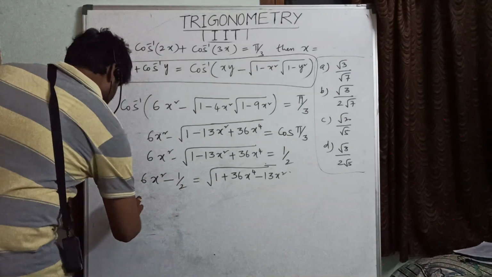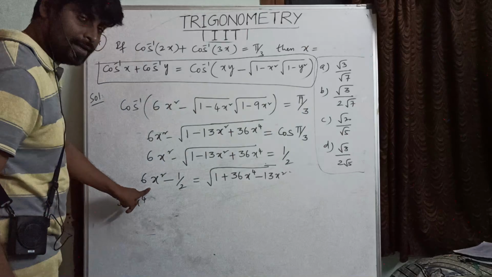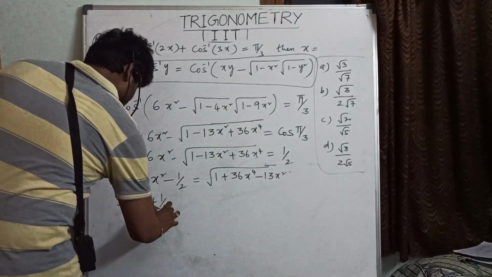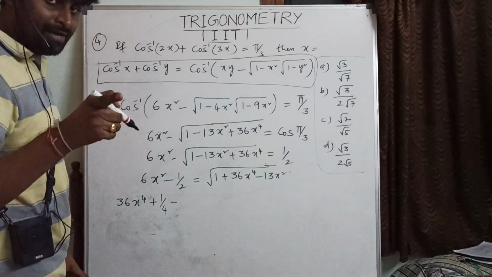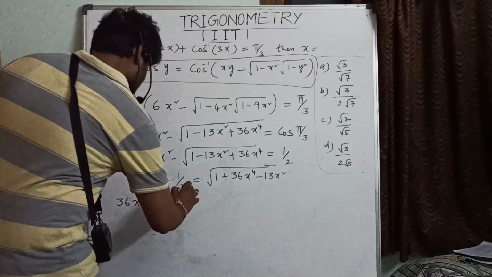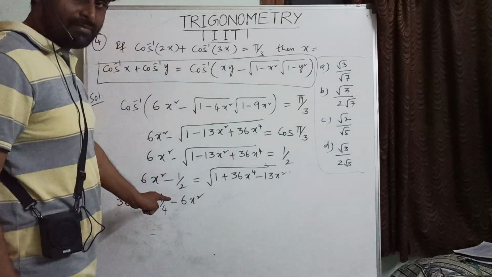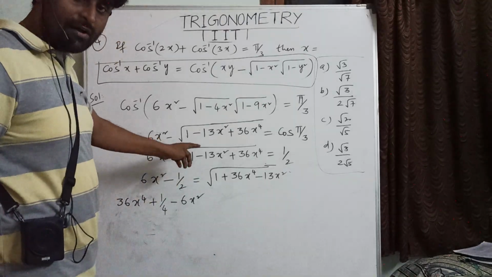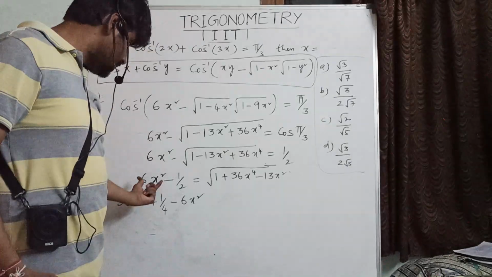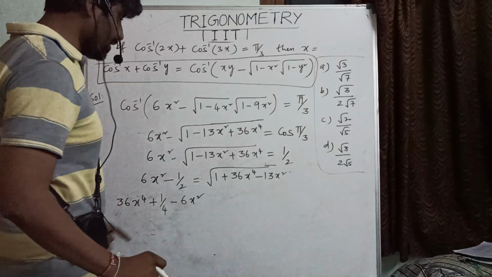A square, 36x power 4. B square, 1 by 2 square, 1 by 4. Minus 2ab, 2 into this 2 cancels, so minus 6x square. Hope you can understand. I am writing a minus b whole square after squaring on both sides. This is a square plus b square minus 2ab I wrote.